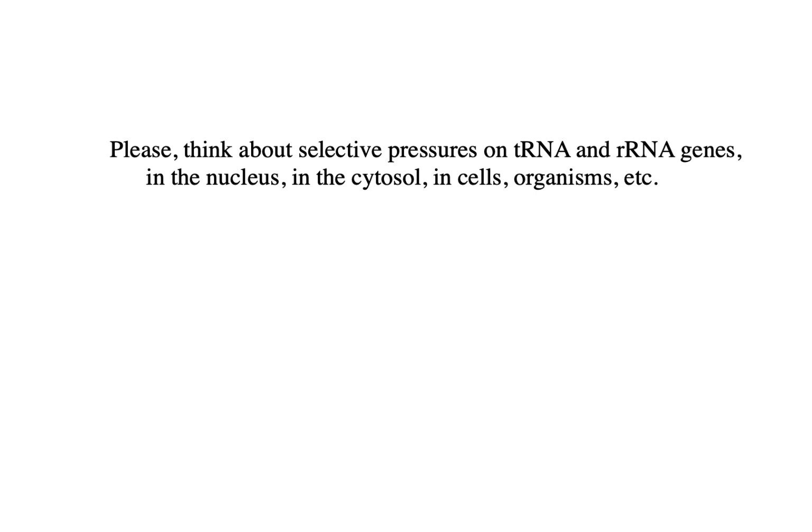And these would be pressures in the nucleus, in the cytosol, in the cells themselves, and if they're multicellular, in the organisms. Because in multicellular organisms, which I haven't gotten to yet, there are different sets of tRNAs that are turned on and off, depending on whether it's a liver cell or a lung cell or an epithelial cell. You'll have different groups of tRNA genes turned on or off in those particular cells and tissues.